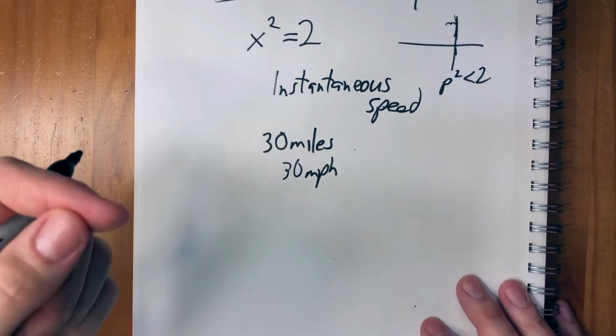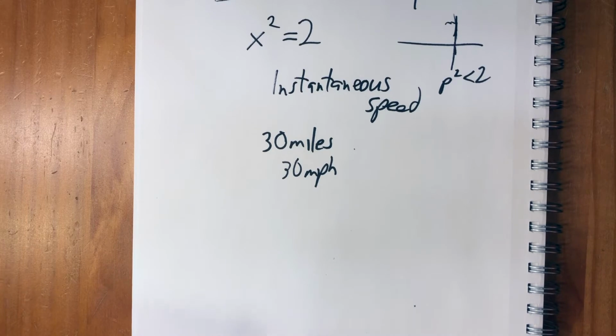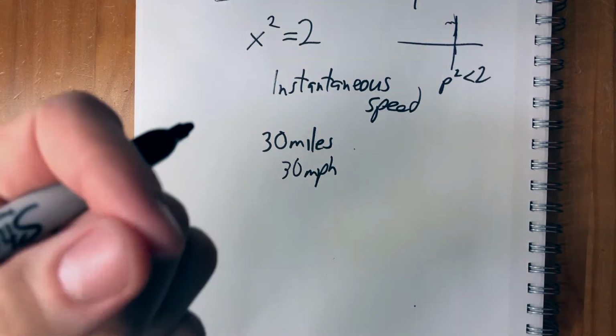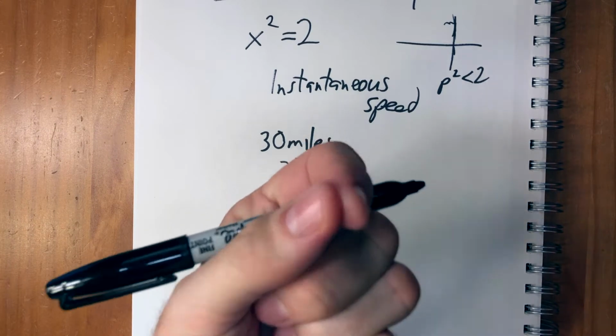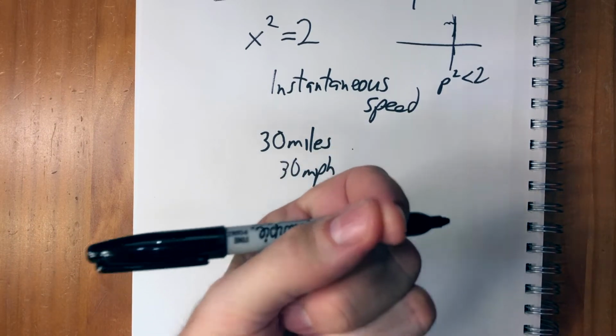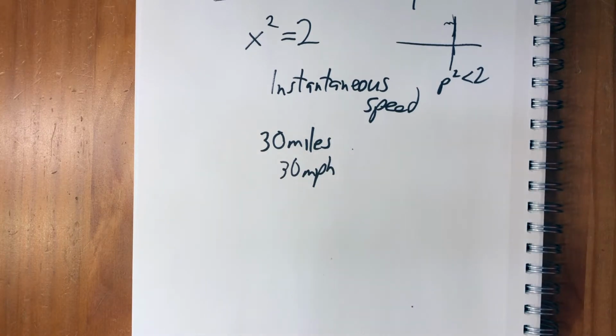But if you get in your car and the speedometer says you're going 30 miles an hour, what does that actually mean? Because you're not even going to be gone an hour. It means that at this instant you're going that speed. Your position is changing at a rate of 30 miles in 1 hour, even though you're only going for a few feet per second, and then smaller and smaller.